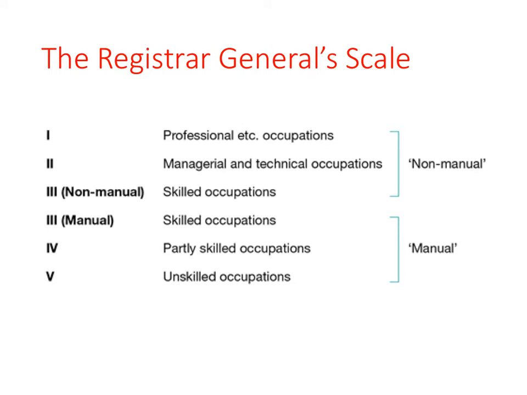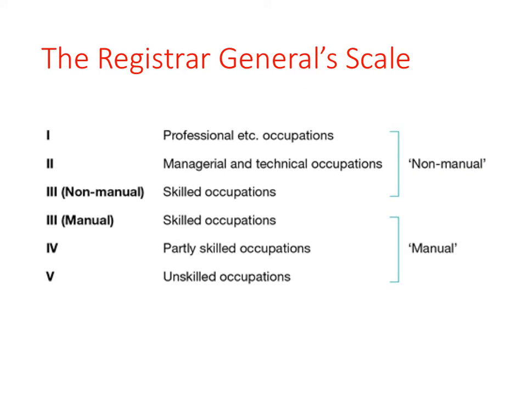Occupation has also been the key indicator of social class used in official government measures, and until the year 2000, the government measured social class using this particular scale that you can see on the screen at the moment, called the Registrar General's Scale.